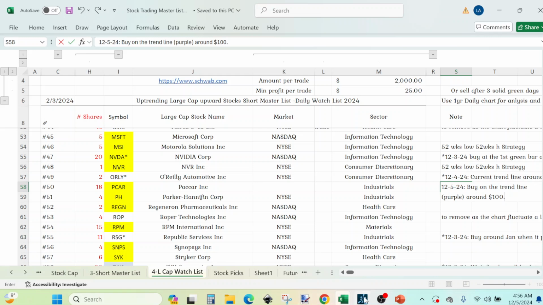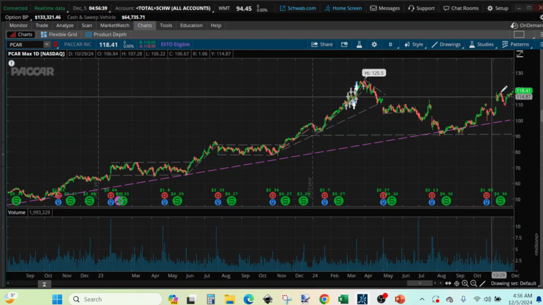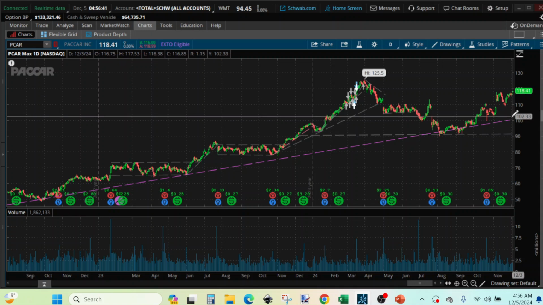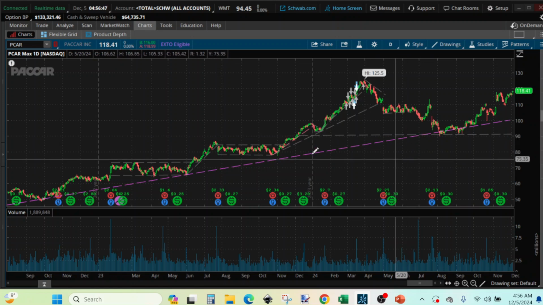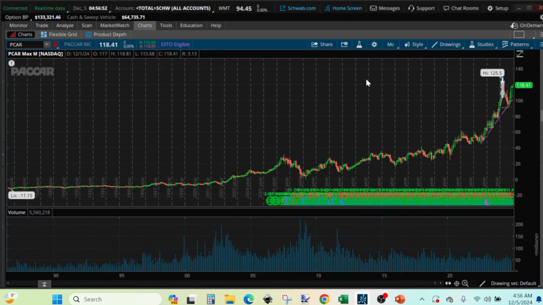So pretty much it's not that when you reach that trend line we'll buy, but when it starts going up from there is when we'll buy. Okay, it's still 99 now. Anyway, now let's go to the monthly chart, maximum monthly chart, to actually look at it.